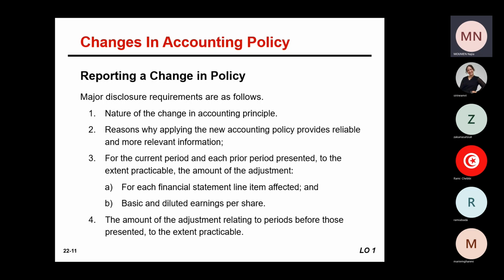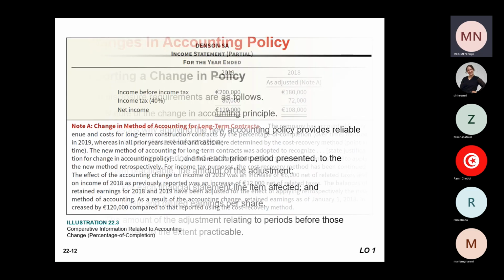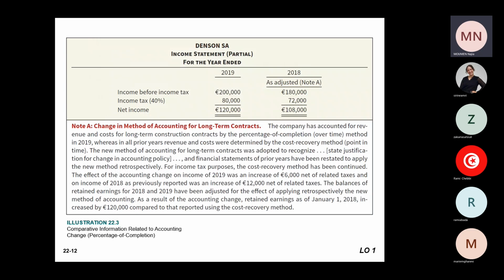So even though we can go back to what? To prior periods before those you are presenting, before, for example, 2017, 2008. So if it is practicable, you may even provide 5 years of financial reports showing the use of this new accounting policy. For what? For the sake of comparability, for the sake of presenting relevant information to investors.